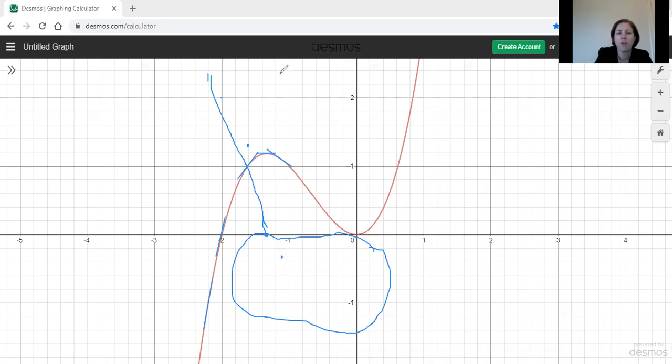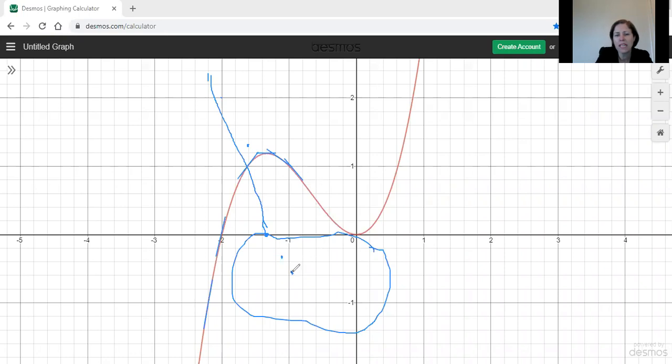Whereas when I get further to the right, it's going to get a bit steeper, which means it's even more negative. So I'm still moving down here, right? However, as I move further to the right, it doesn't get a lot steeper. It's still curved, but there's not a big change here.